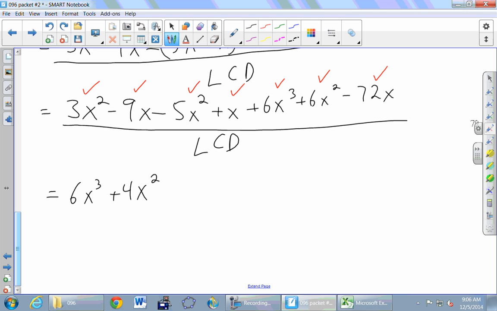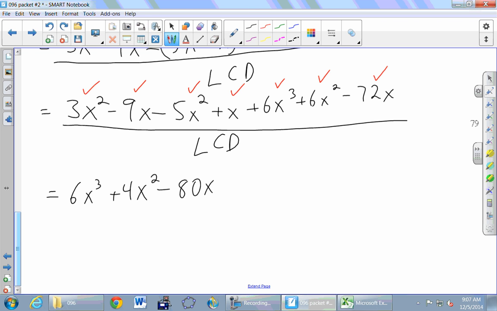Is that minus 80? Yeah, there's that plus x in the middle there. Is that right? Minus 80x. I warned you this was going to be tough, right?